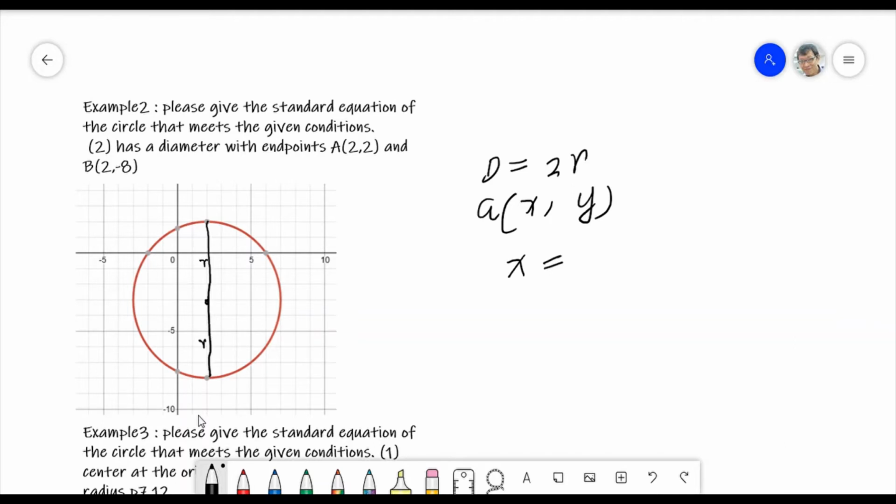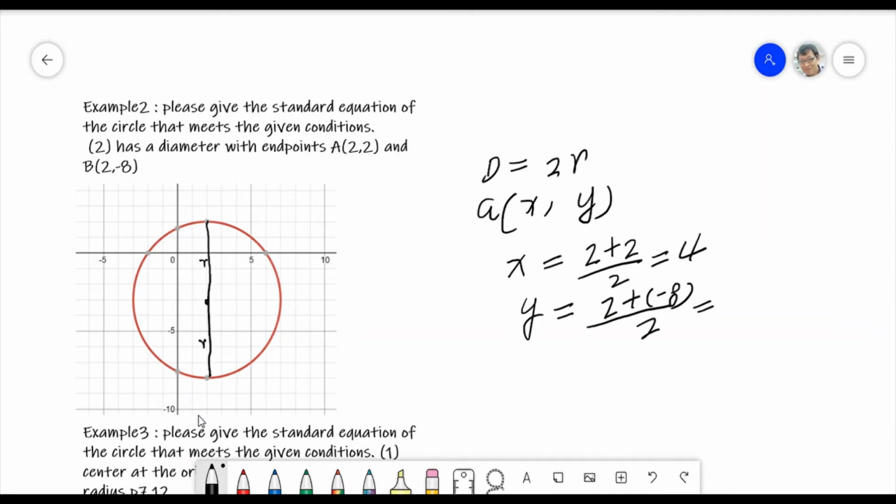A x is 2, and B x is also 2, divided by 2, so it equals 2. Same thing for y. A y is 2 plus B y, which is negative 8, also divided by 2.